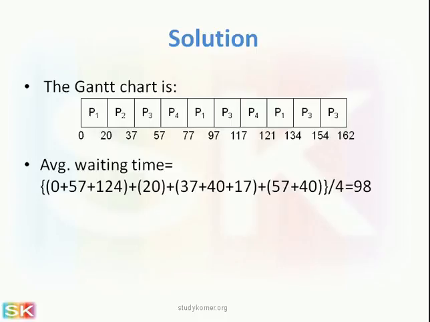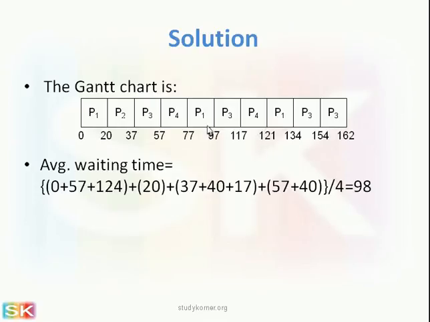So the average waiting time: for process P1, in the starting it is 0, then it leaves the CPU at 20 and again gets the CPU at 77. So 77 minus 20, that is 57, and then again it leaves the CPU at 97 and waits up to 121.